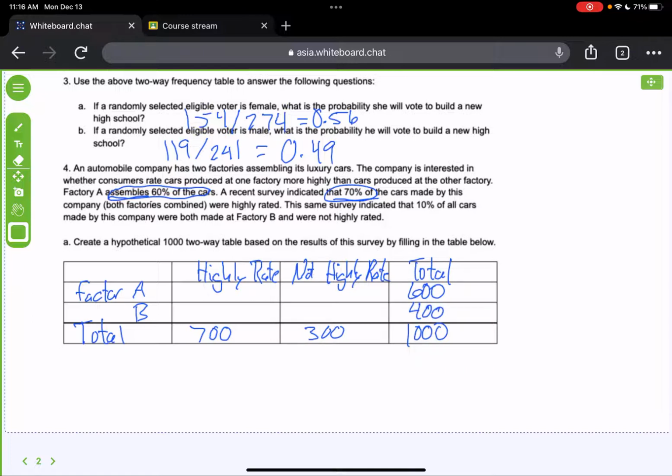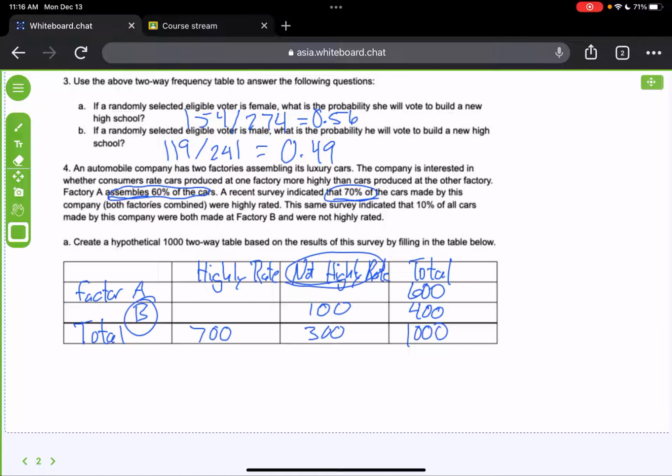Now we've got to know what percentages are highly rated and not highly rated. So if we keep reading, it says this same survey indicates that 10% of all the cars made at this company were both made at factory B and not highly rated, which means that would go right here. Both at factory B and not highly rated.